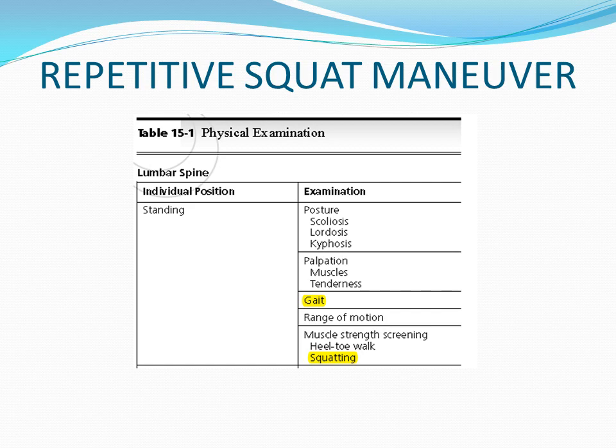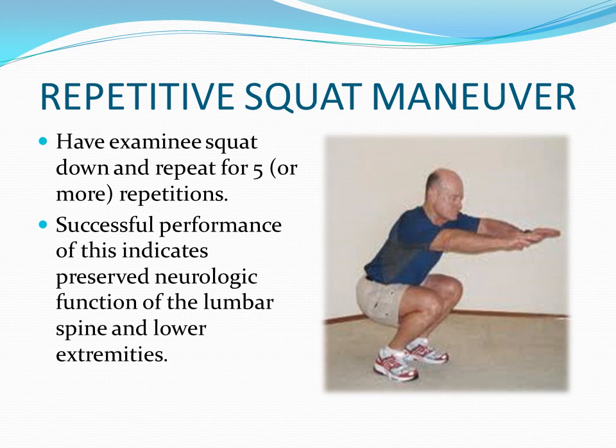So how do you do it? Well, have your examinee squat down and repeat for 5 or more repetitions. And doctor, it helps if you do it with them. I do this with my examinee in order to show them that the repetitive squat maneuver should be really no big deal.